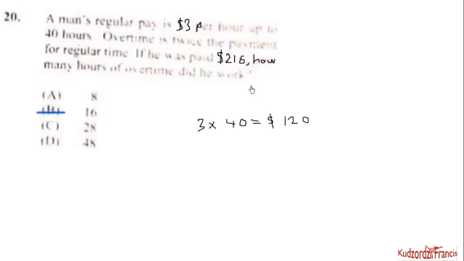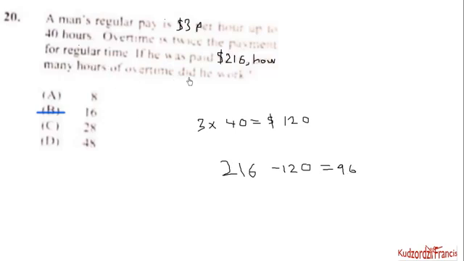So we take 120 out of $216. So 216 minus 120, and that will be equal to 96.